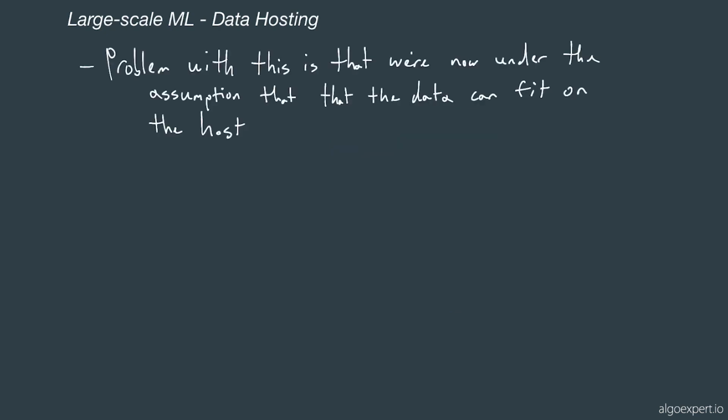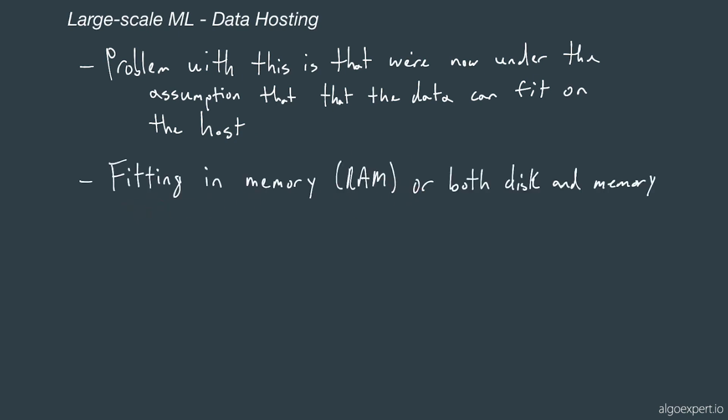So the problem with this is that we're now under the assumption that the data can fit on the host. Here, that host would be the recommendation service. Now, this could mean the data fitting in memory, RAM, or both disk and memory. Tools that we can use to do something like this would be Redis, Memcached, and Tarantool.